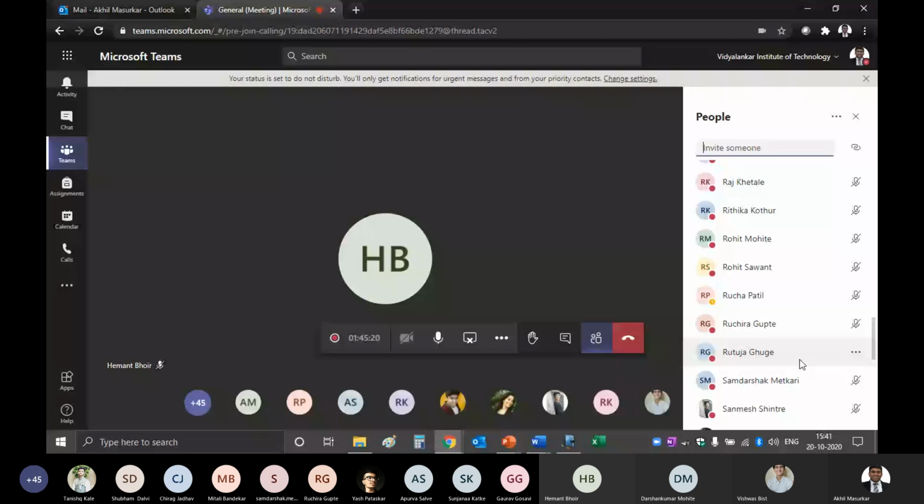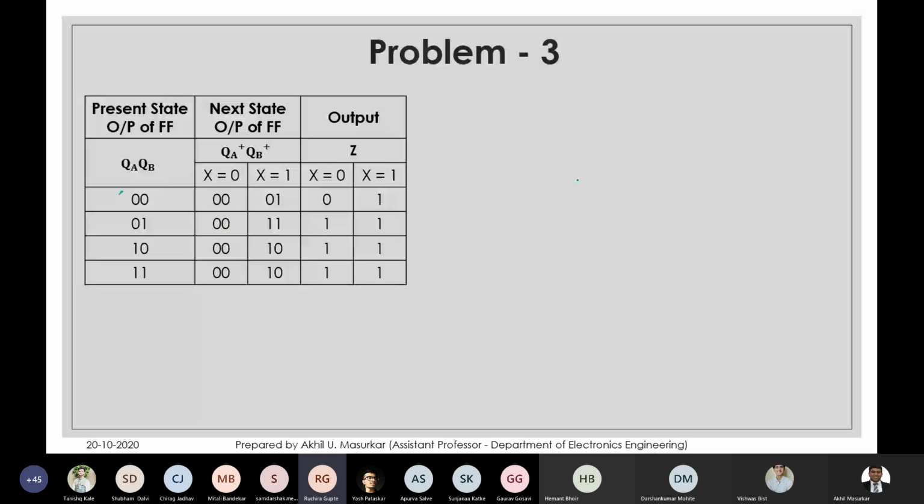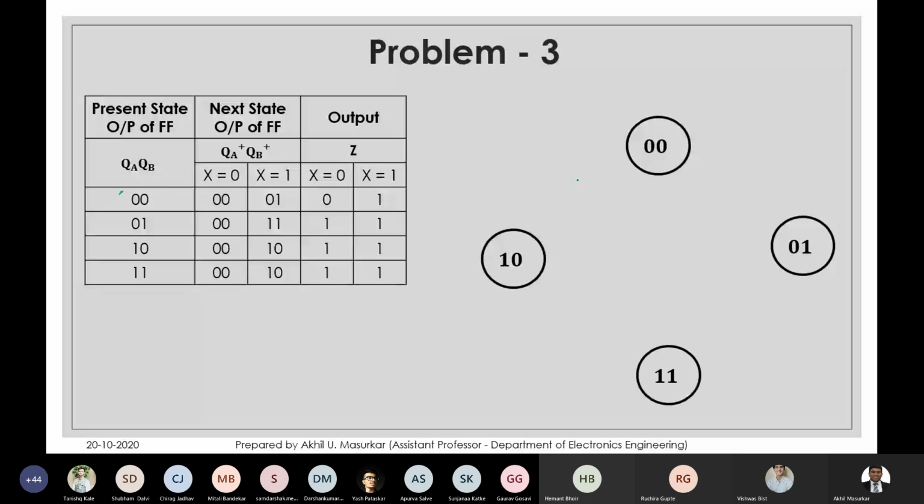Ruchira Gupte, can you unmute yourself? Yes, sir. Ruchira, how many states can you see? 4, sir. Okay. So the 4 states are 0, 0, 0, 1, 1, 0, and 1, 1, right? Yes, sir.